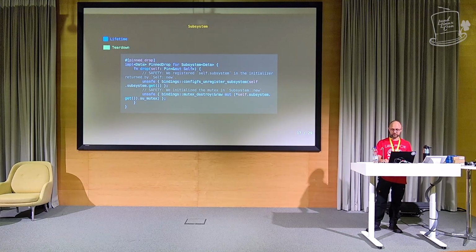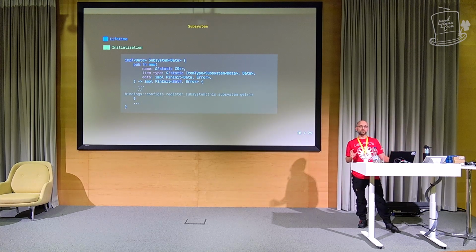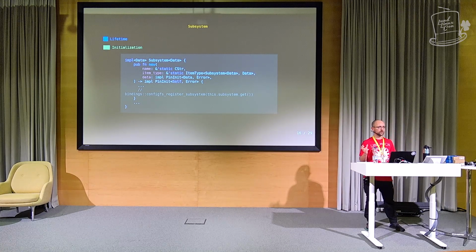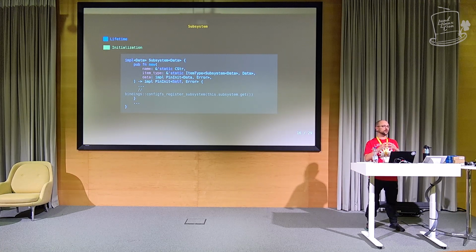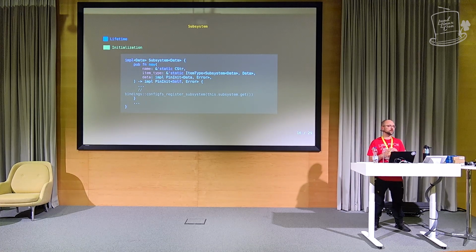What does pinning do? If you have a linked list in C, you allocate the mutex which embeds a linked list. When you just allocate that, probably the next and previous fields are set to 0. And this is why you have to call mutex_init before you use it. Otherwise, the state of the structure is not valid. That's illegal in Rust. Whenever you have a reference to a piece of data, it has to have assumed a legal value.